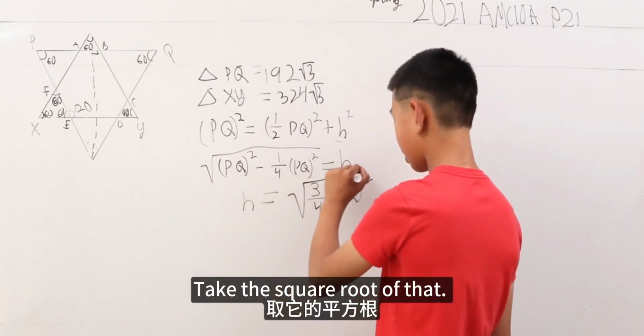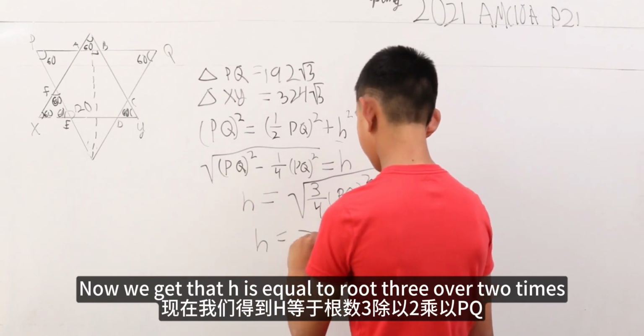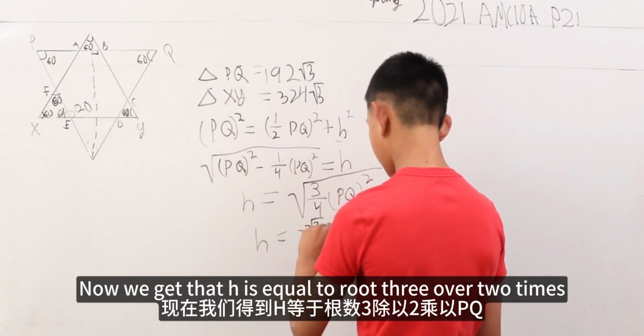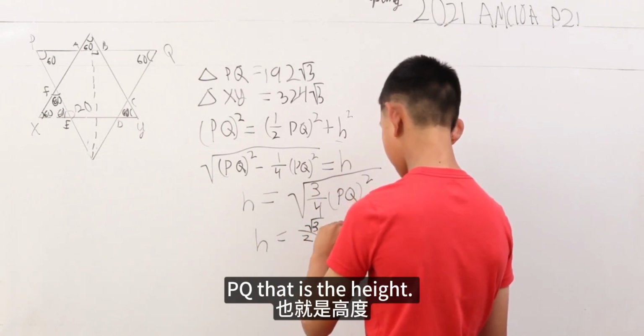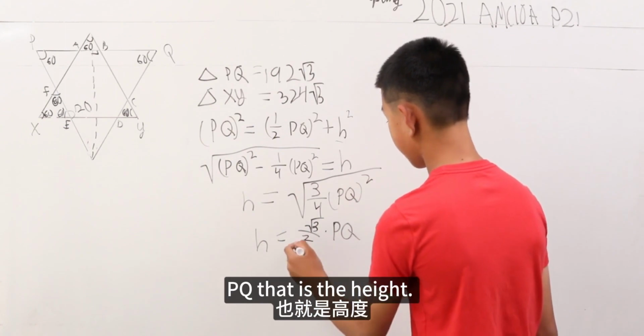Now we get that H is equal to root 3 over 2 times PQ. Okay, that is the height.